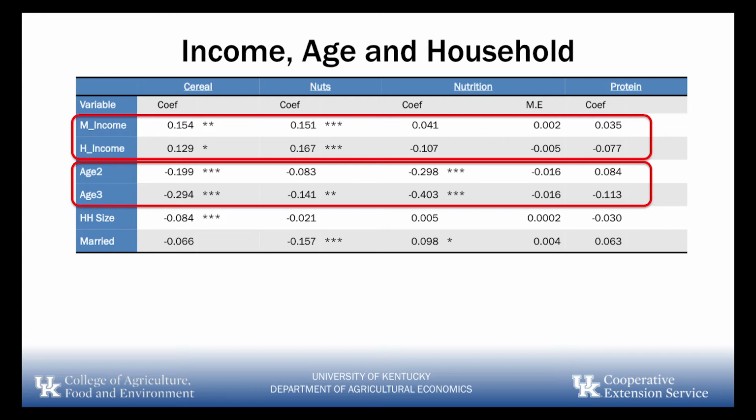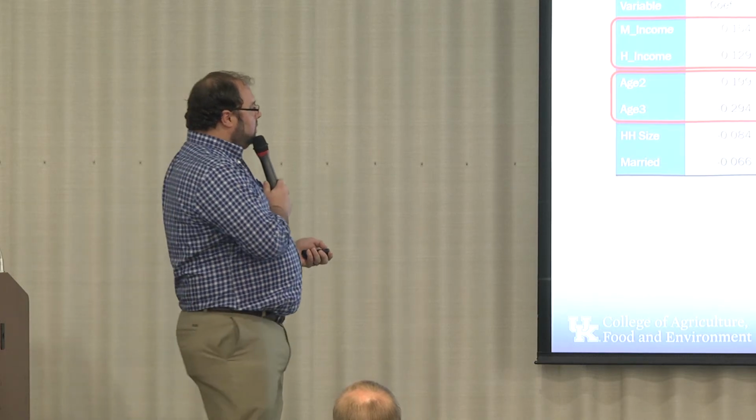But as I would have expected, medium income, so 30,000 plus in income, are the main consumers of products that contain hemp, right? So 30,000 to 70,000, and high income would be 70,000 and above, okay? So interestingly enough though, the medium income producers have a higher number in terms of consumption of cereal, and it's vice versa in terms of nuts. So it's an interesting finding that we're looking at, okay?